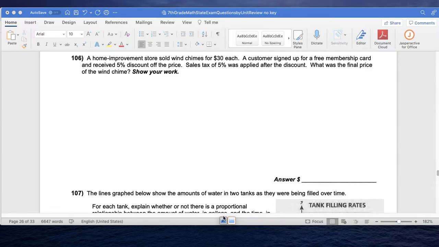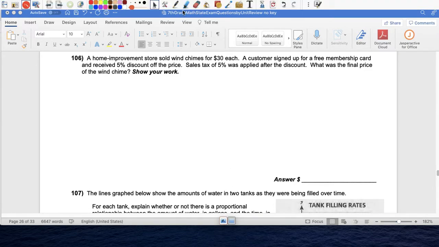These are constructed responses. A home improvement store sold wind chimes for $30. A customer signed up for a membership and got a 5% discount and then sales tax. So with a 5% discount, it means that I have to pay 95%. And then I have to pay taxes.